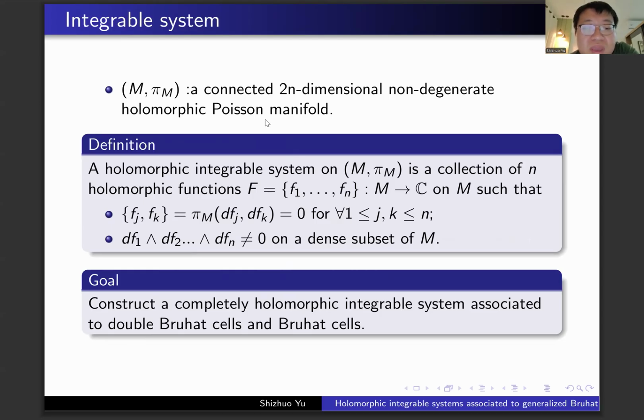And here we have a collection of n different holomorphic functions such that, first, they are algebraically independent. It means that if you write df_1 wedge through df_n, it is not equal to zero on a dense subset of M.